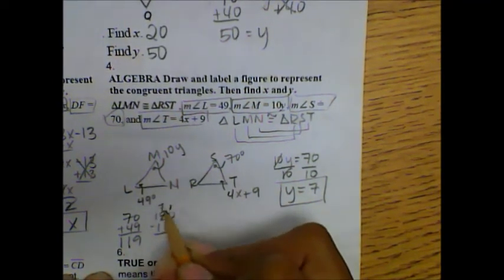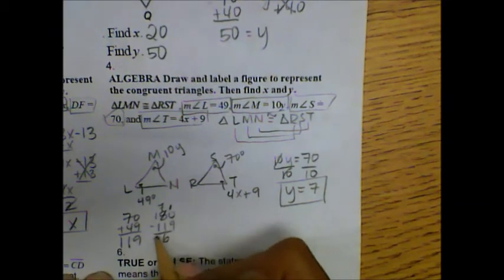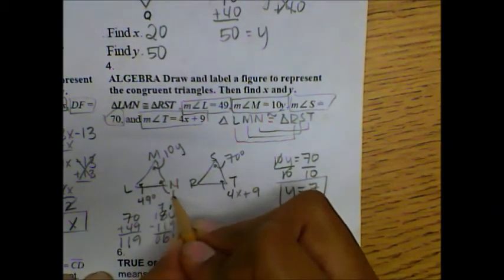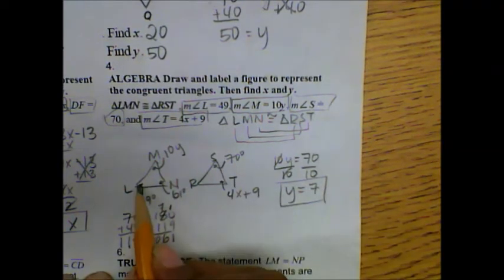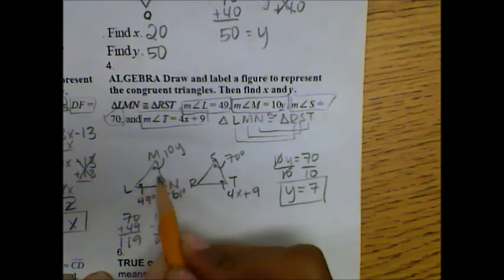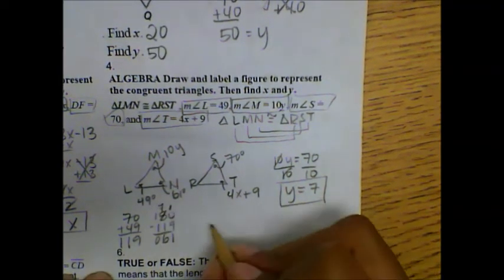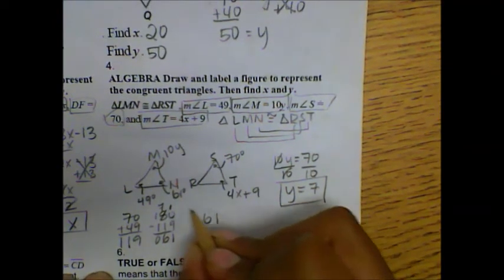We're going to borrow. 7 minus 1 is 6, 1 minus 1 is 0, 10 minus 9 is 1. So N right there has to be equal to 61. So we have 49, 61, 70. Total 180.